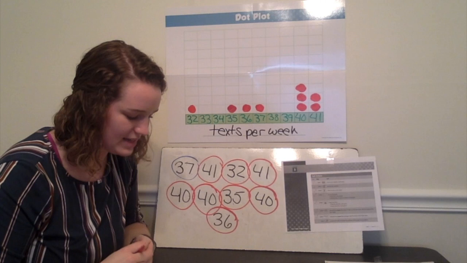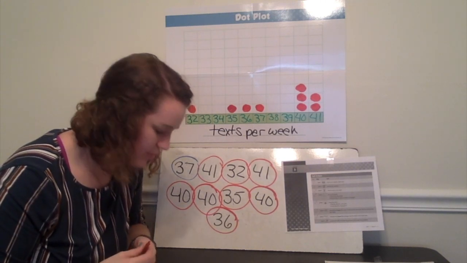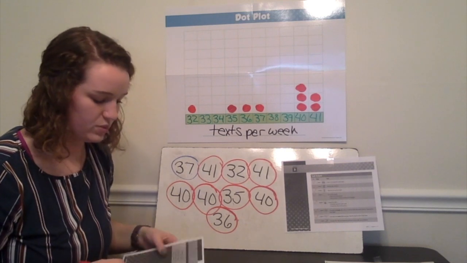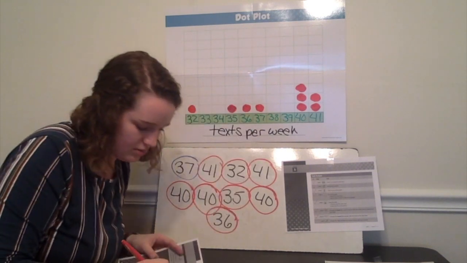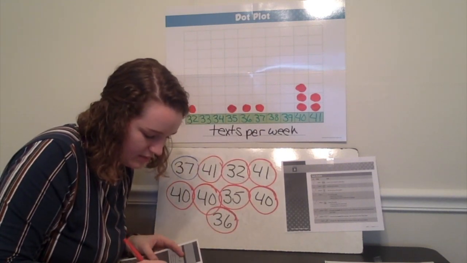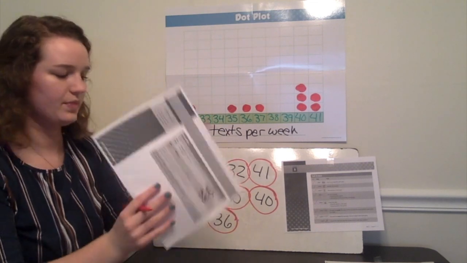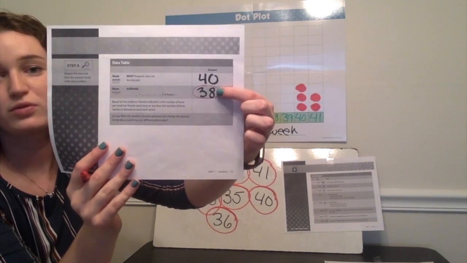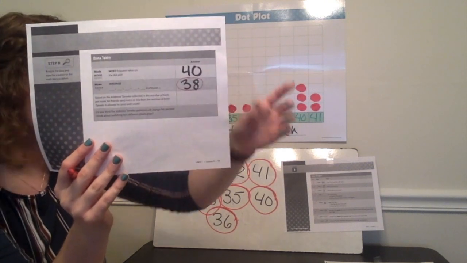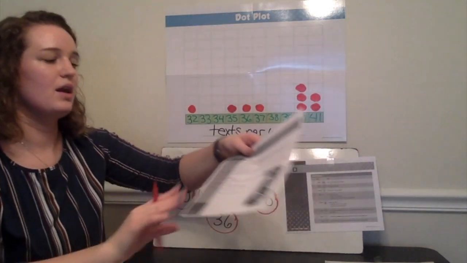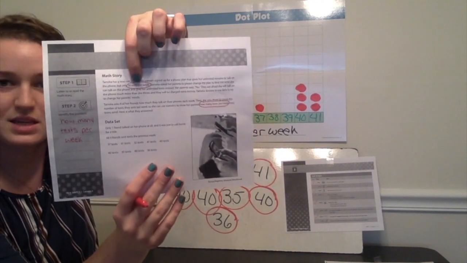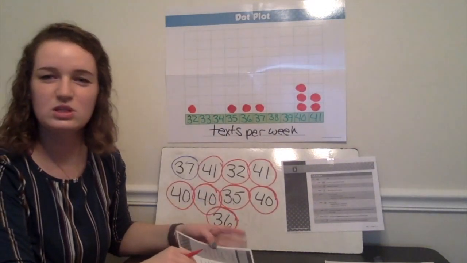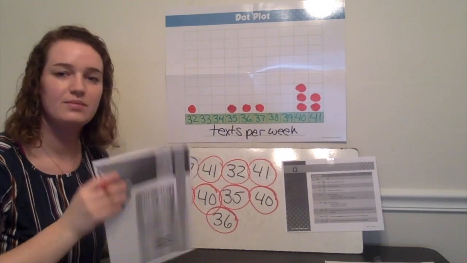And it's asking is the number of texts her friends send each week, which we're going to look at the average here, the mean, more or less than the number of texts Tamika sends each week. So is 38 bigger or smaller than 10?